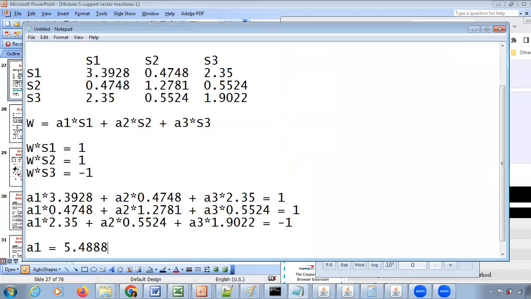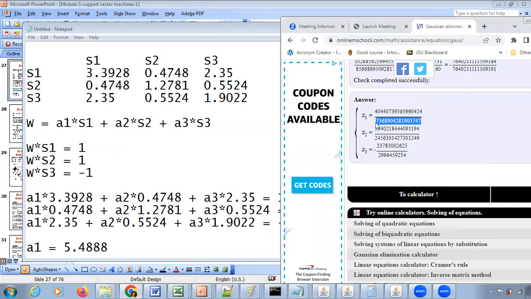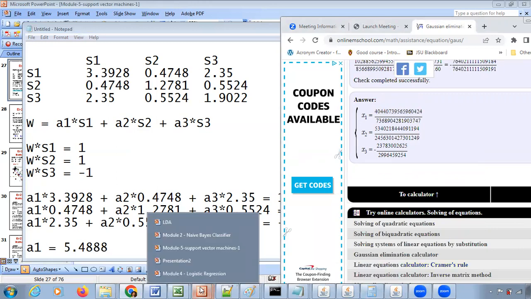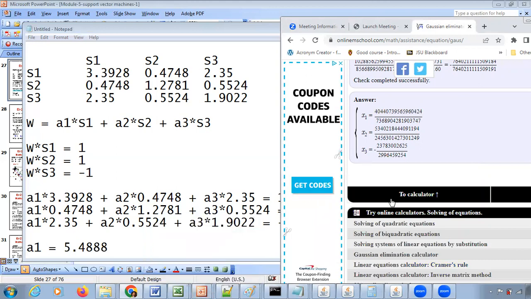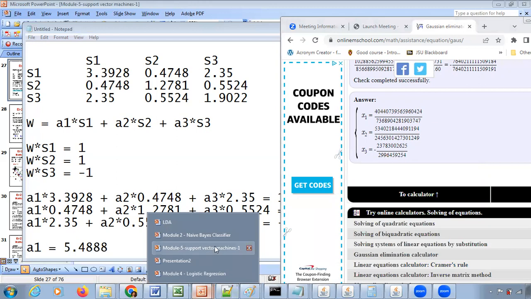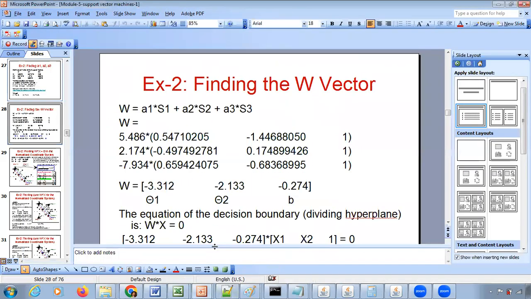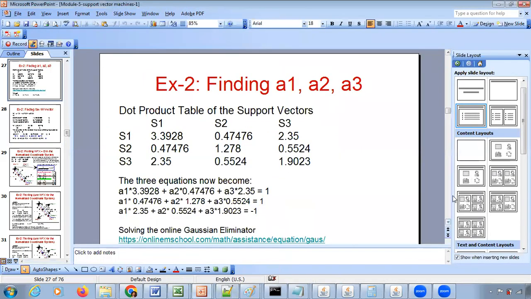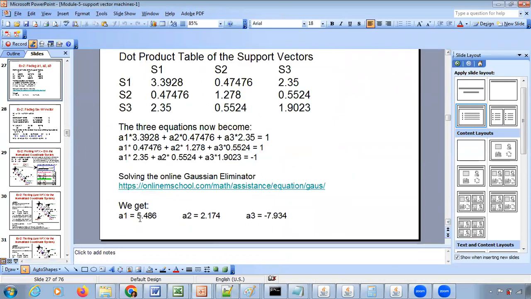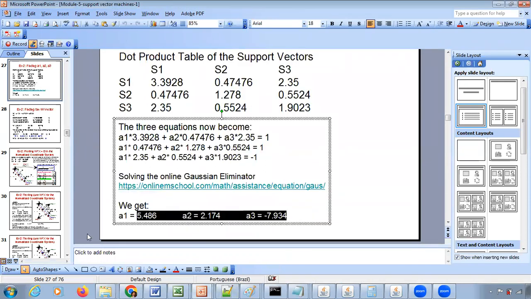And make sure you check the sign of the values here. They're plus, and only X3, which is A3, is negative. So make sure you notice that, otherwise you may make a mistake for the rest of the calculations. Then A2, similarly, you can copy and paste. A3 you can copy and paste similarly to get the values. So I got A1, A2, A3 as 5.486 and this. So A3 is negative, remember.